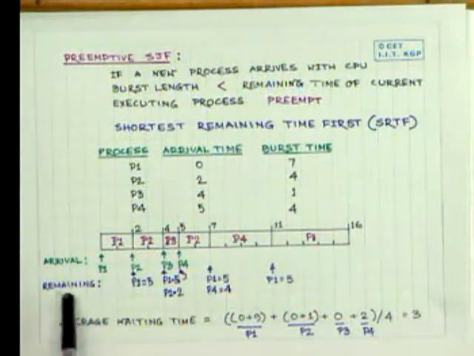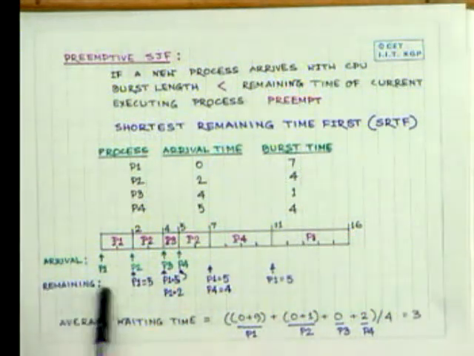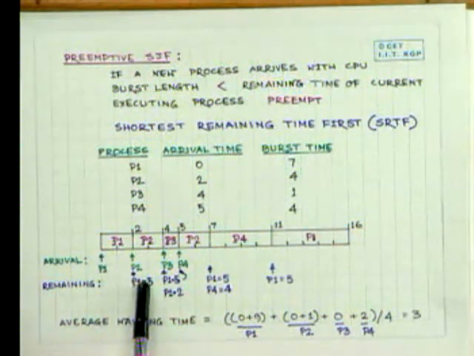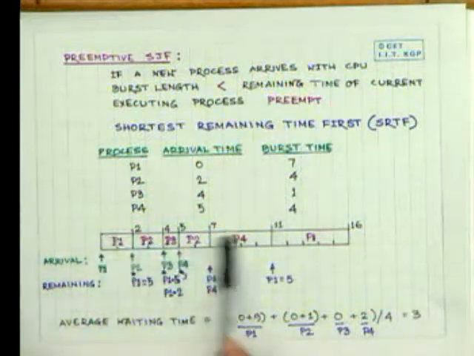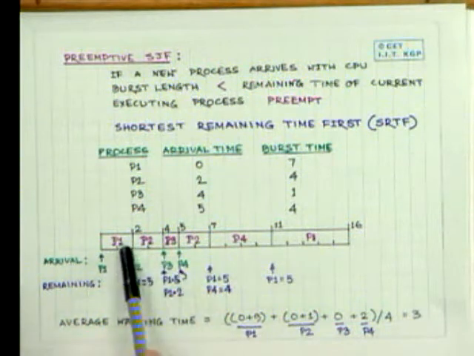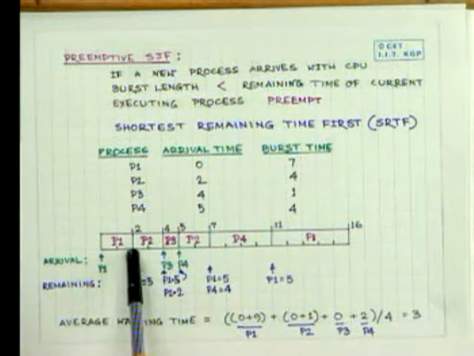In the green, I have shown the arrival times of P1, P2, P3, and P4. In violet, we have shown the remaining times that the different processes need to complete. This Gantt chart shows the occupation of the CPU by each process. For example, P1 occupies the CPU up to this time.